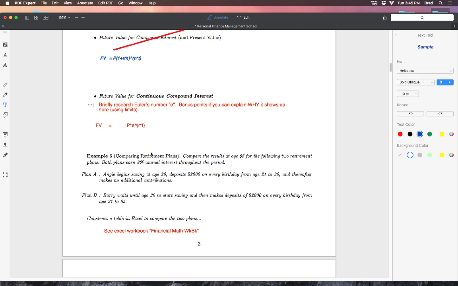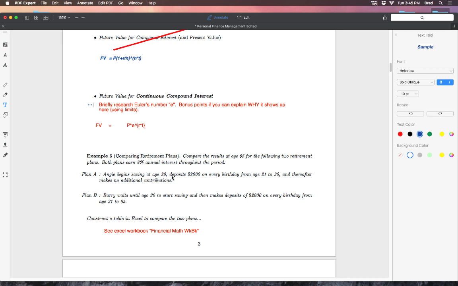So example 5 is really quite important, and so I want to give you all the chance to work through this on your own, because it really hammers home the difference between simple and compound interest. So you're going to compare the results at age 65 for 2 retirement plans. Plan A for Angie and Plan B for Barry.